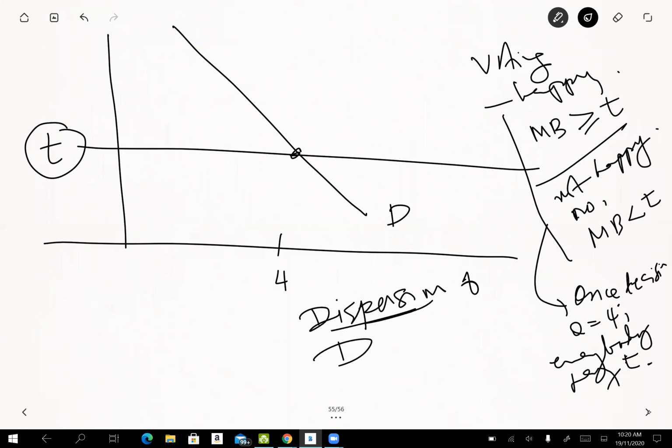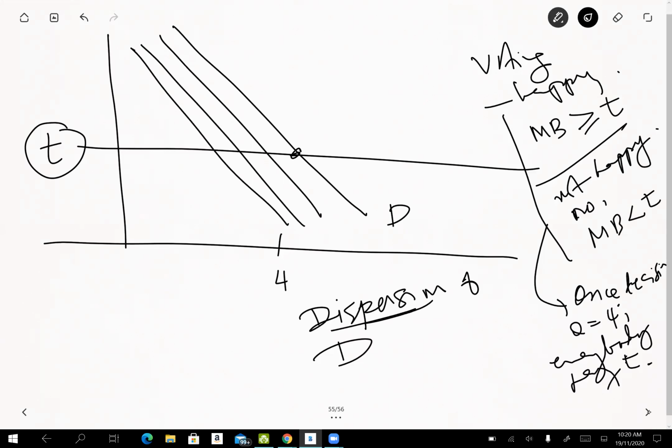I want you to do this. Suppose their demand functions are more closely spread out. In other words, the demand functions are very closely related like that.